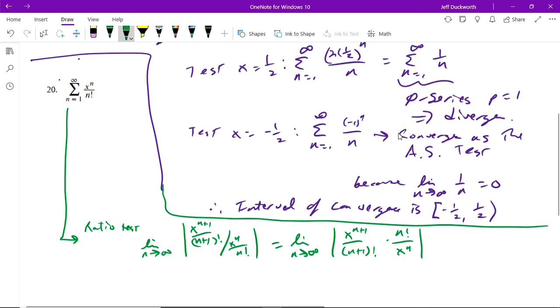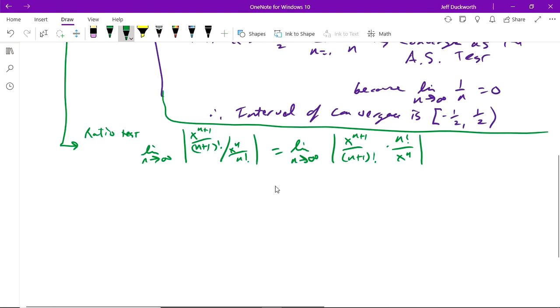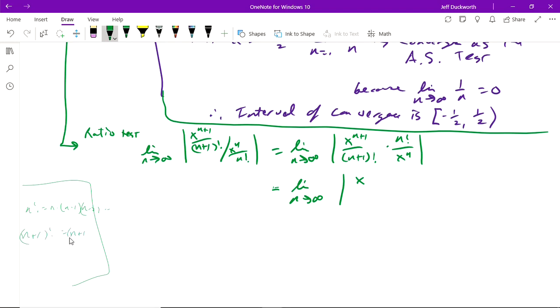Now, we're left with an x on top, and on the bottom, let's do an aside here. n factorial is n times n minus 1 times n minus 2 and so forth. (n+1) factorial is n+1 times n factorial, which is probably just easier to do.